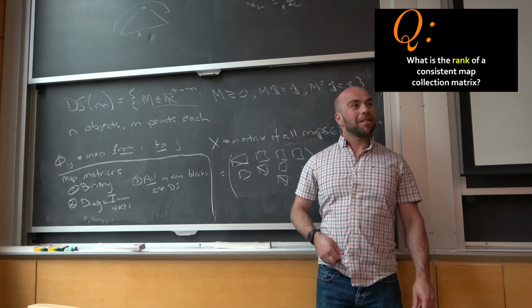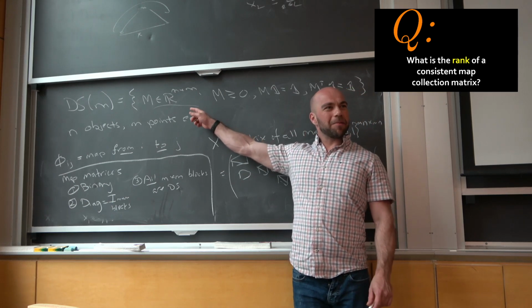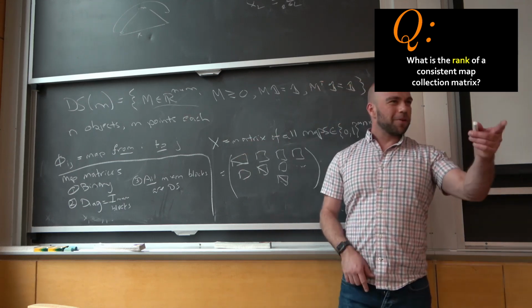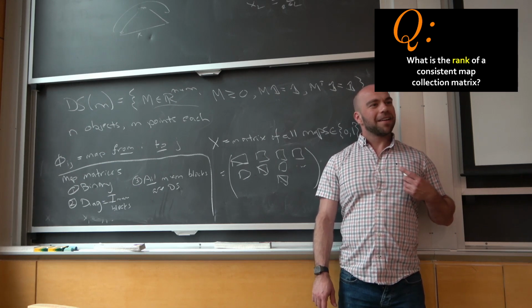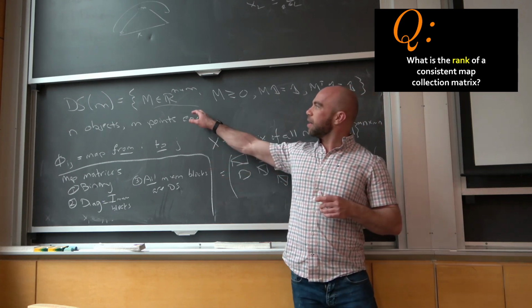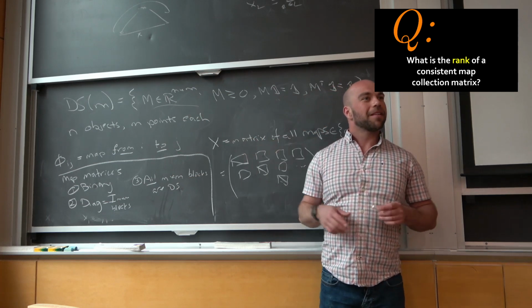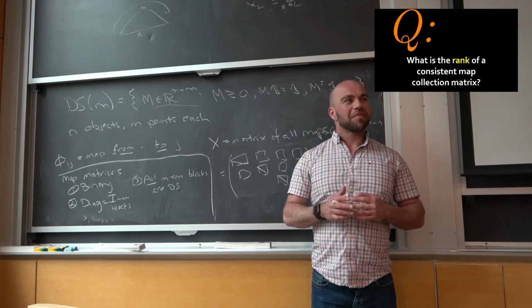The minimum of n and m. No, I think the rank of one of these blocks is just m, right? Because the permutation is full rank. Yeah, so it's m. Okay, so we have a vote for m. We have a vote for something with a square in it. No, I meant for the doubly stochastic. Oh, yeah, no, the rank of our binary blocks is just m. So probably m minus 1 times m minus 1, if it's consistent.